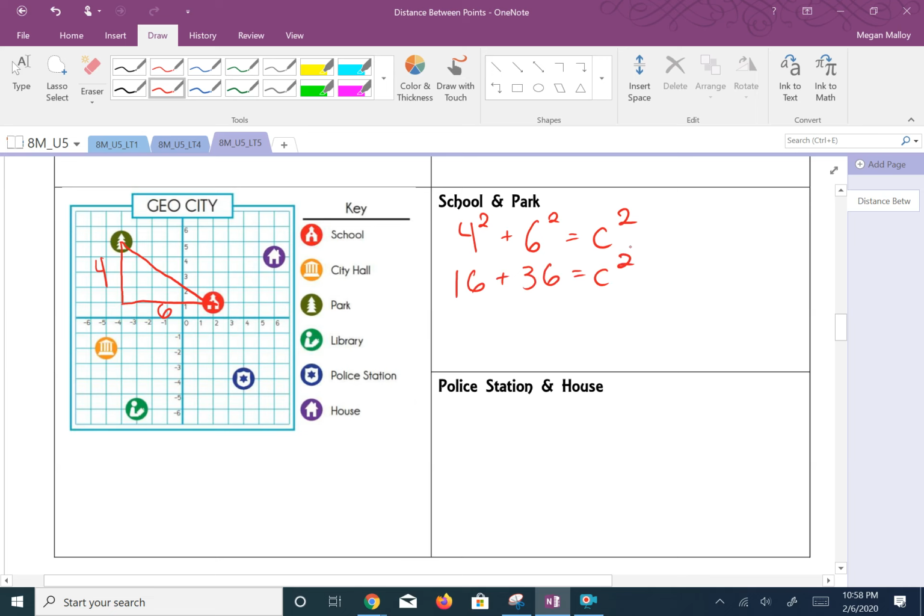And 36 plus 16 is 52 equals c squared. If I take the square root of both sides, that gives me c as an approximate distance of 7.2, and we'll just say this is miles since we're talking about distance on a map.